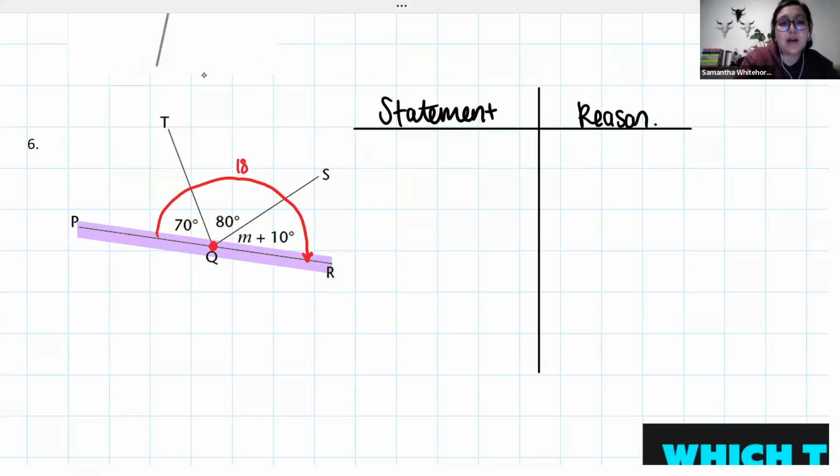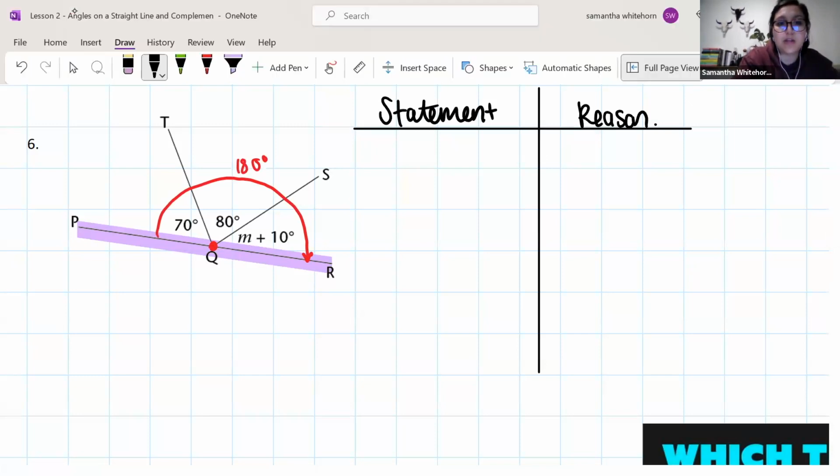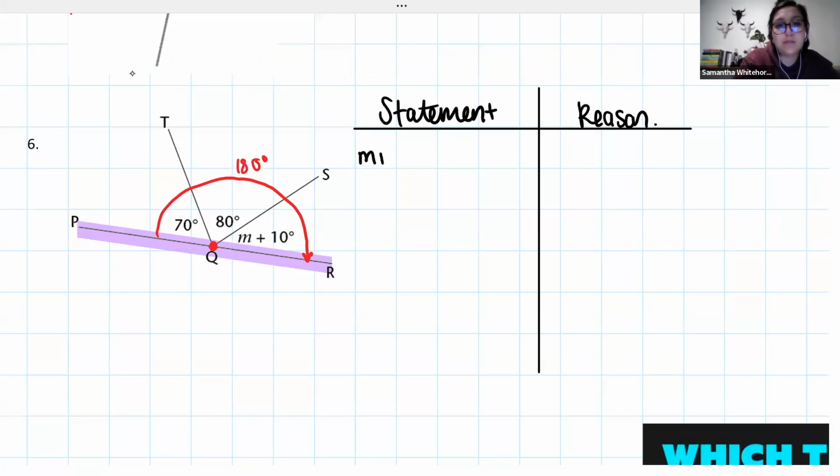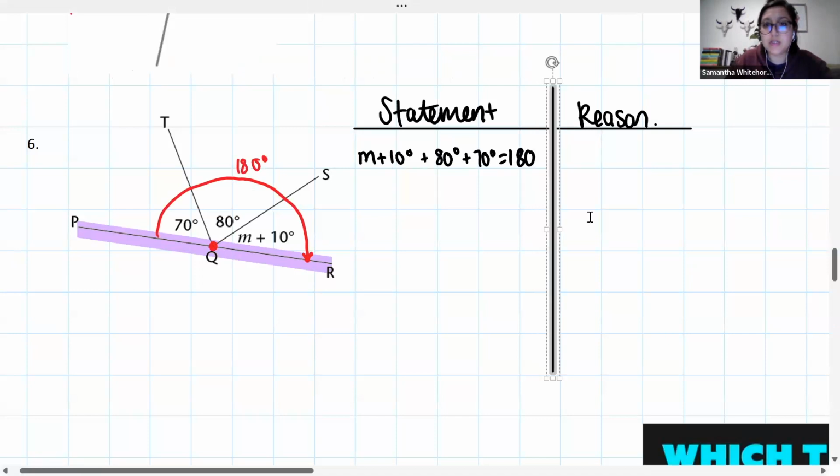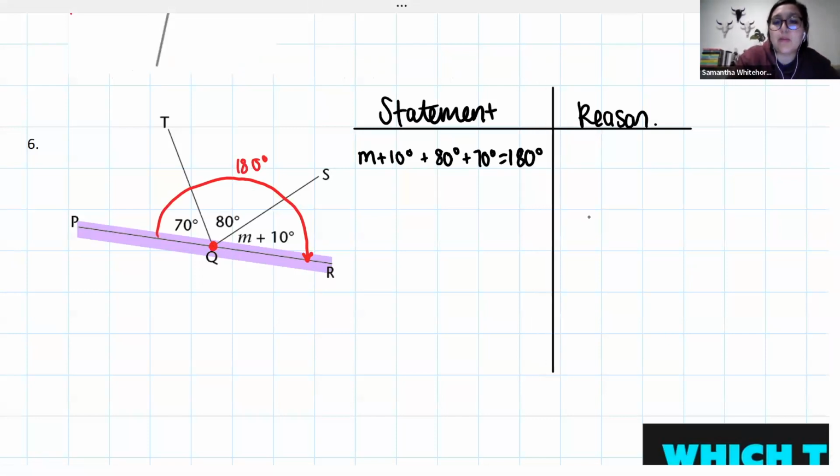I have 180 degrees, which means that I can now set up my equation. I know that m plus 10 plus 80 plus 70 must give me 180 degrees. Obviously, I don't leave myself enough space. Fine. My reason, angles on a straight line.